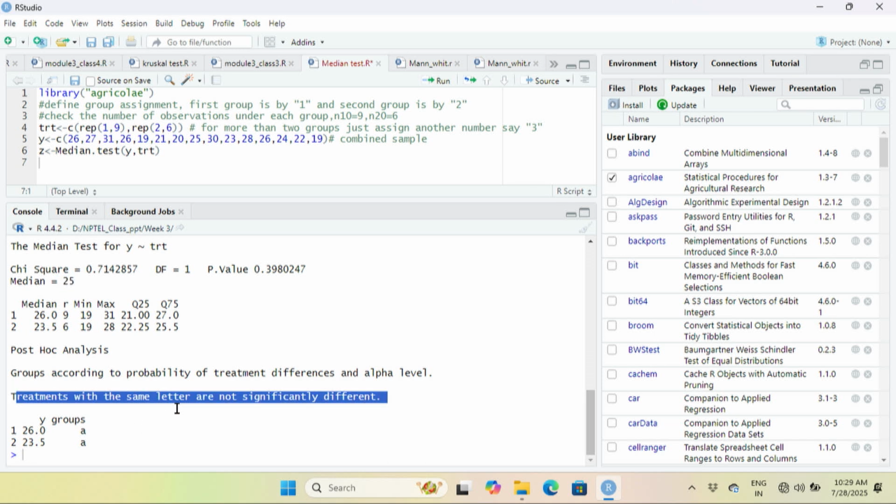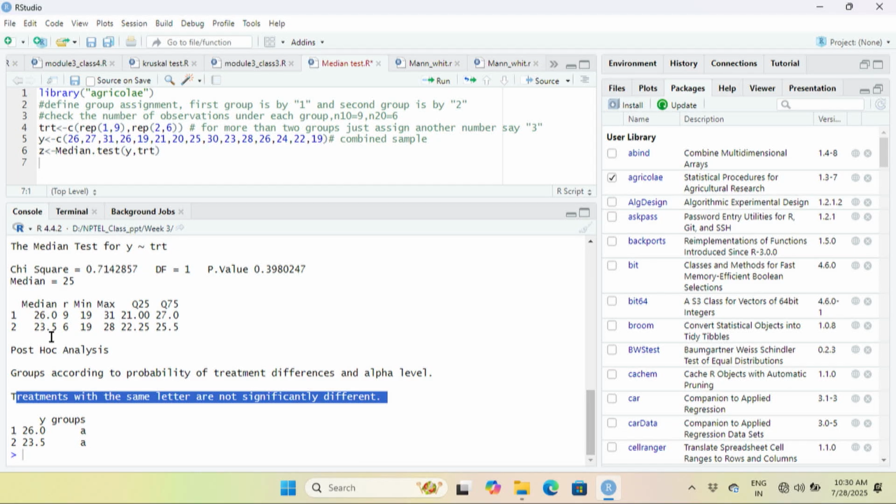So in this case, you look at this: the treatments with the same letter are not significantly different. That's how you have to read the post hoc analysis. Here you see A and A, that means the first group and the second group. First group median is 26, and you can always verify from the 5-point summary.